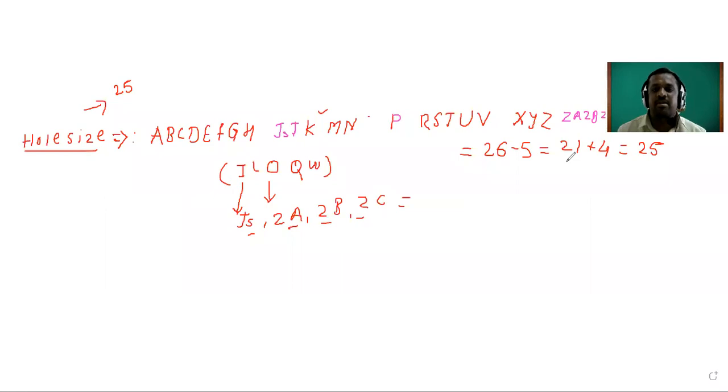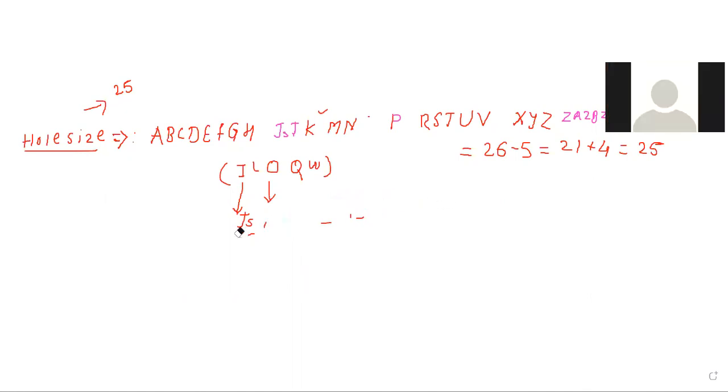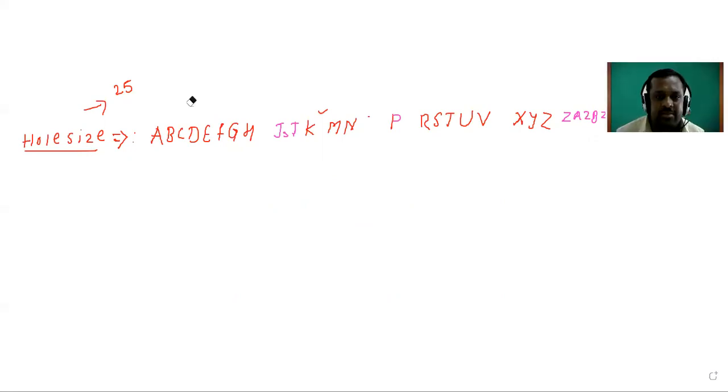Now, how many fundamental deviations are there for the hole? It will be 25. So understood? In a similar manner, we have to write down the deviations for the shaft also.